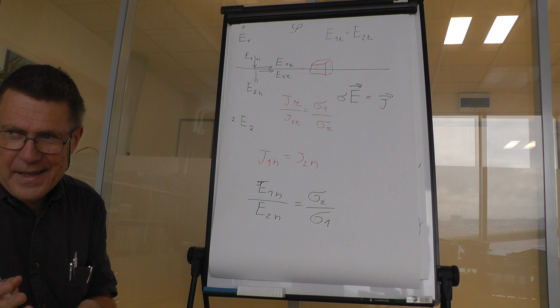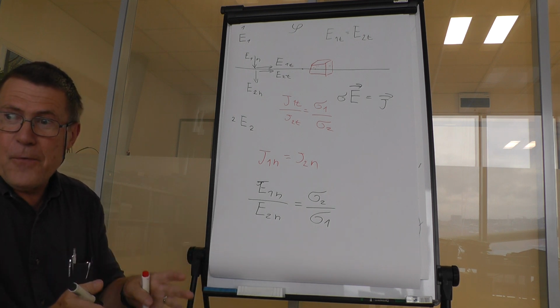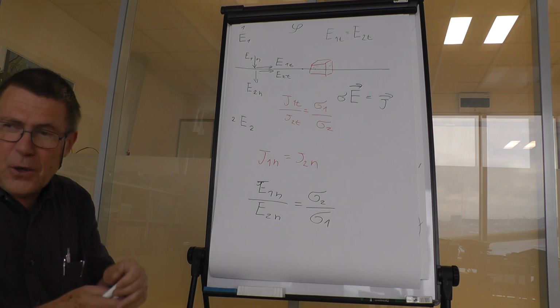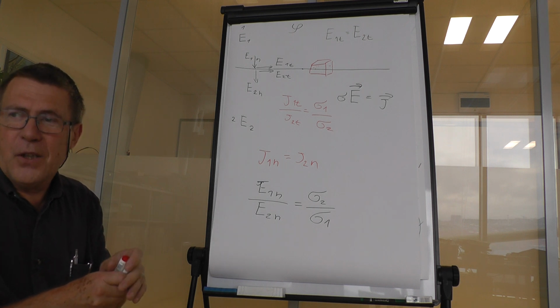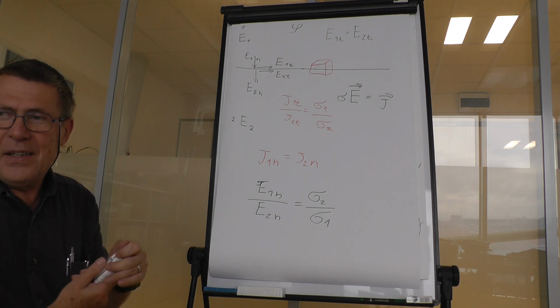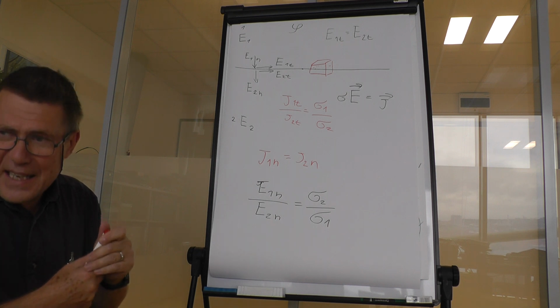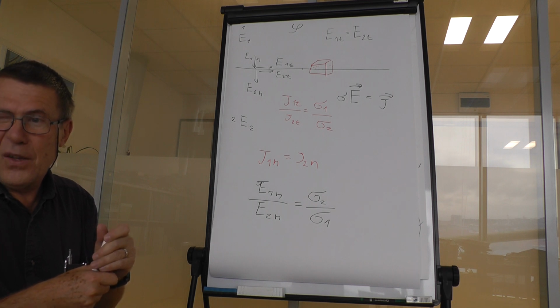So, as a quick fix, a rule of thumb, if there is an interface between two conductors of different conductivity, the electric field strength would be bigger at the side of lower conductivity.